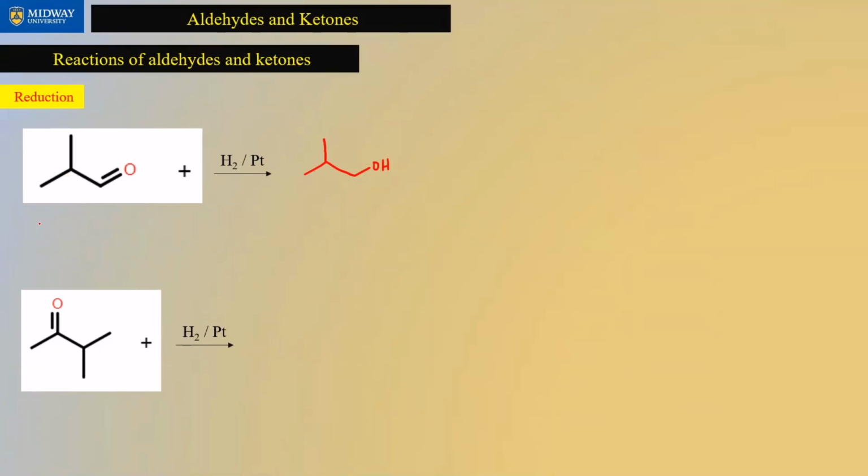This is an aldehyde, because the double bond O is at the end. This is a ketone. So aldehyde would go to a primary alcohol as a product, and ketone would go to a secondary alcohol. I think we did learn this in Chem 330. I believe we did learn it towards the very end. So replace the double bond O with an OH, and that's a simple reduction.